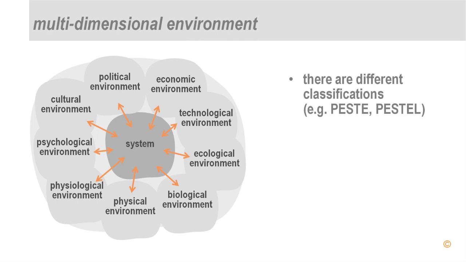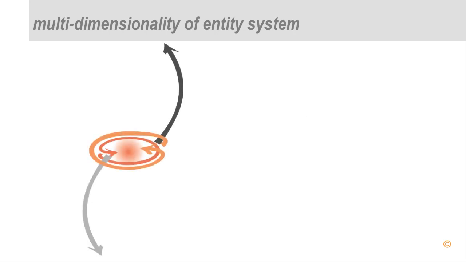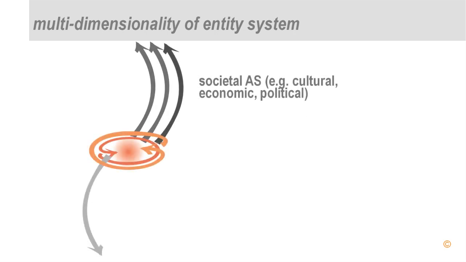What is important is that each activity system belongs to a particular dimension. For example, an entity system like a society would have economic, political, cultural, ecological, technological, etc. activities. Likewise, an entity system like a person would have economic, political, cultural activities.